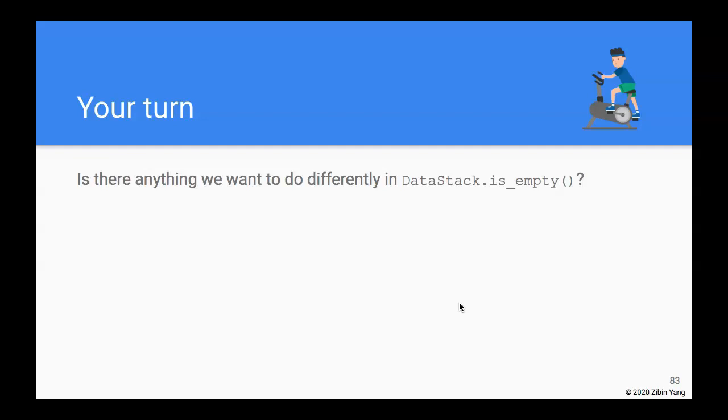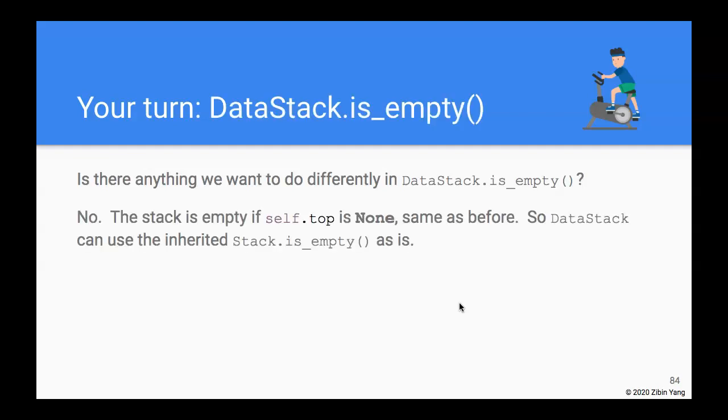Is there anything different that we have to do? And the answer is no, there isn't, because when you think about it, whether the stack is empty or not has nothing to do with the type of data that is in the stack, right? It's a structural feature of the class. So we can just leave that to stack itself.